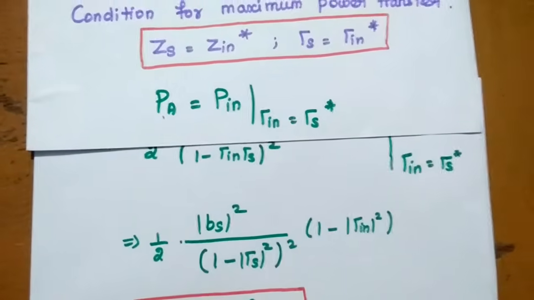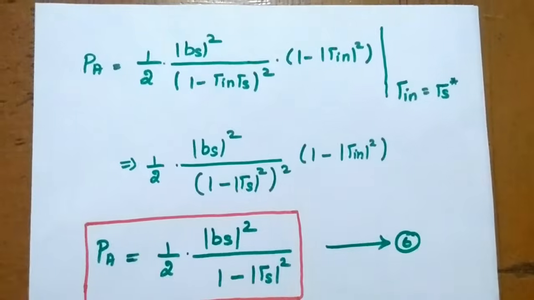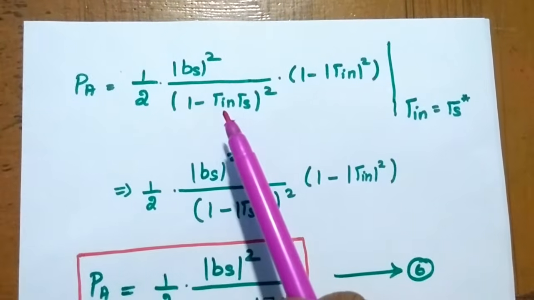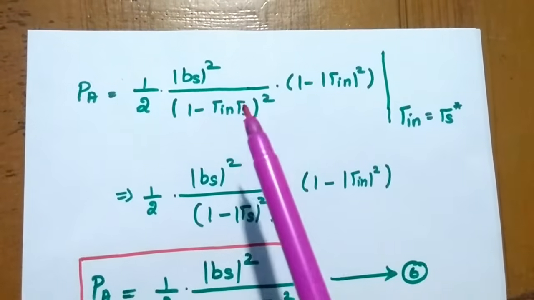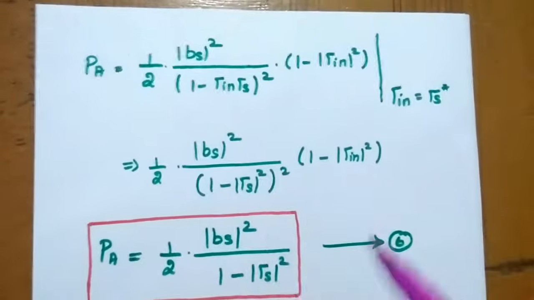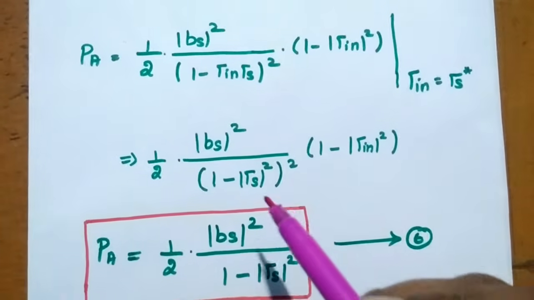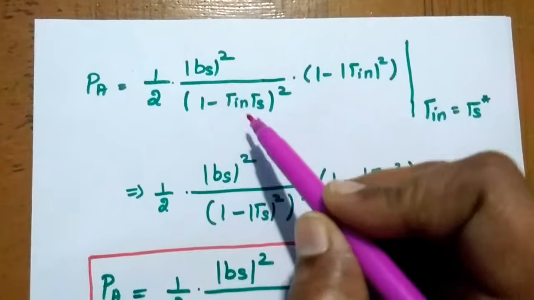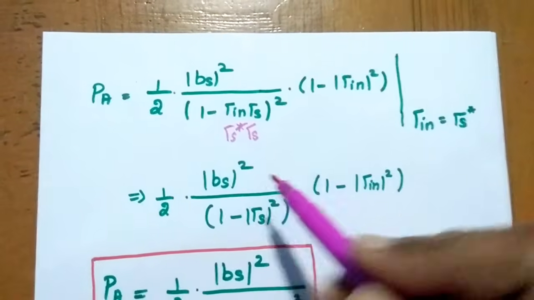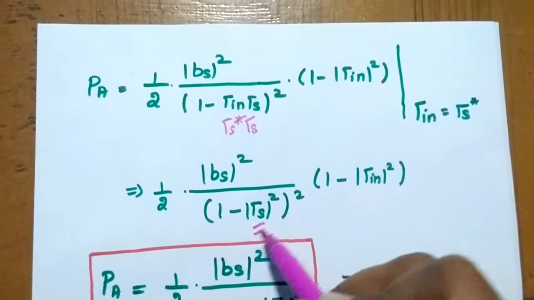In the next step, we have to replace gamma in as gamma s star. In that case, we obtain gamma s star into gamma s, so that value becomes gamma s square.